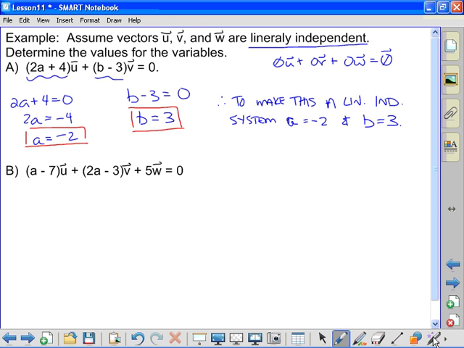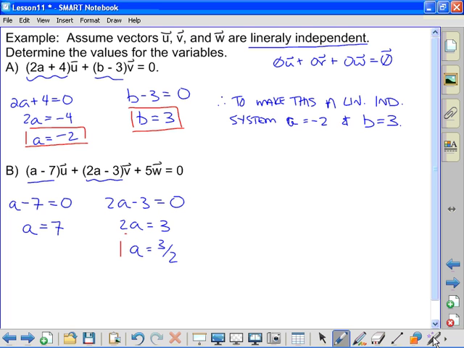Similar approach or process on the bottom one here. We know that a minus 7 would have to equal 0, which means that a equals 7. Here, 2a minus 3 has to equal 0. So 2a equals 3, a equals 3 halves. But now we've run into an issue because we have a variable and it's taken on two different values, which isn't permissible.